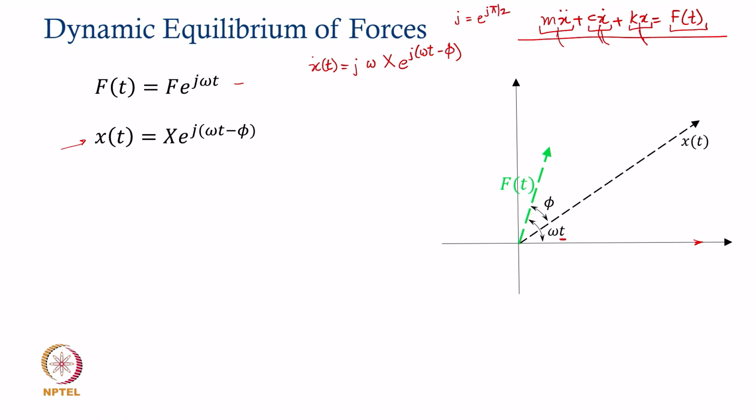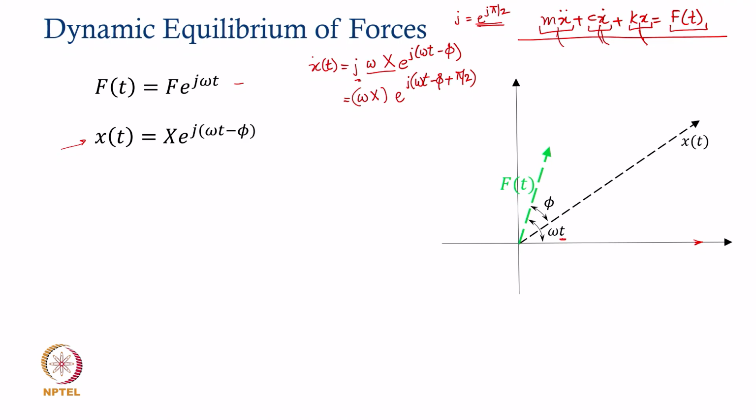Sin pi by 2 is 1, so it is going to be j. So, j here can be replaced with e to the power j pi by 2, which means I can write the velocity amplitude as this, and j gets absorbed in the exponential term: omega t minus phi plus pi by 2.